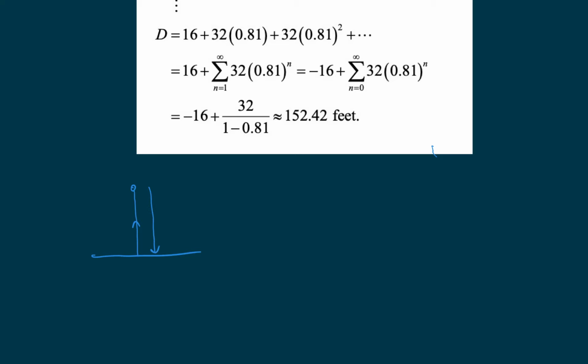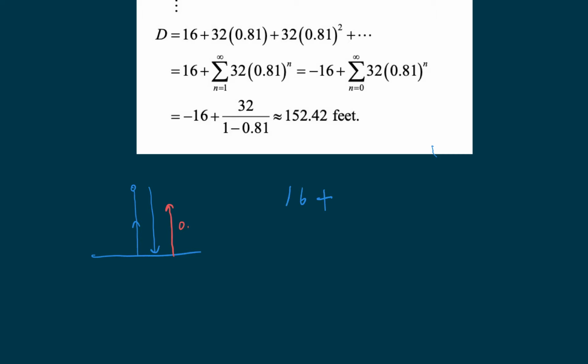So it performs 16 meters going down first, plus now it will go up 0.81 of that. It performs 16 meters going up and 16 meters going down. I'm going to consider only the up, and I multiply by 2.